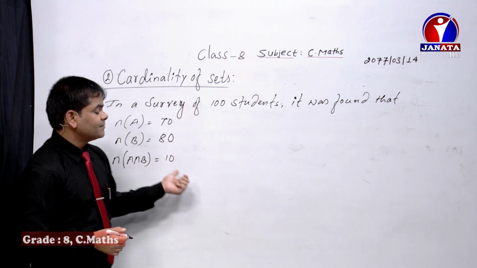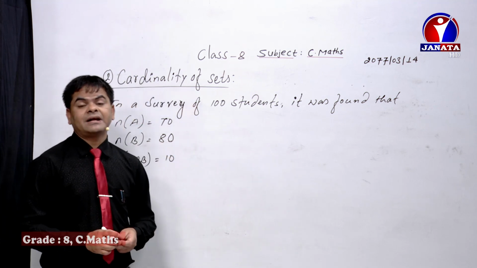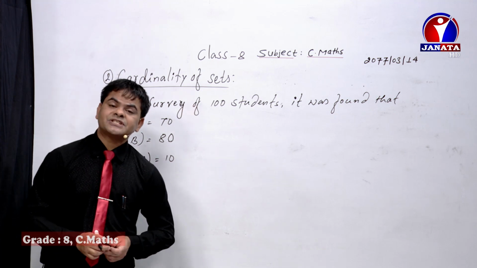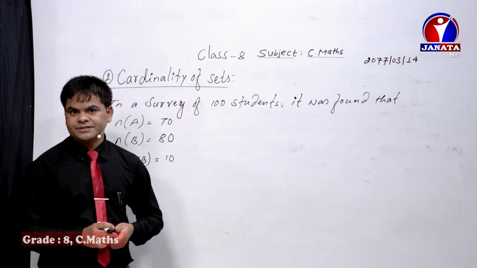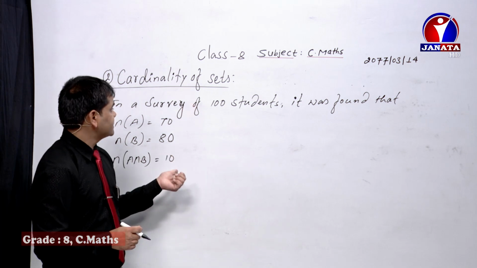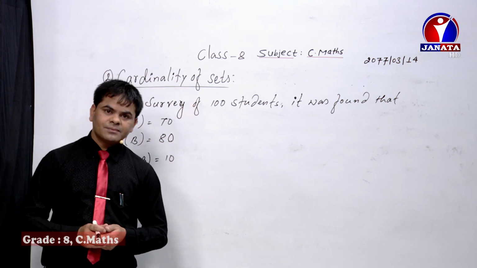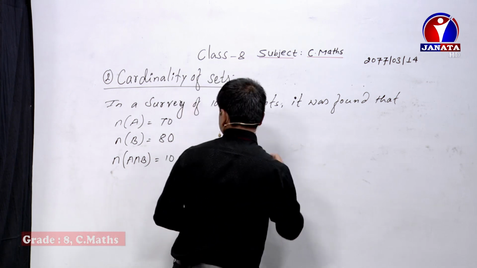So how to keep all this information in a Venn diagram and how to find the tag question along with the main question, dear friends? Today we are discussing this cardinality of sets. So let's prepare a Venn diagram.